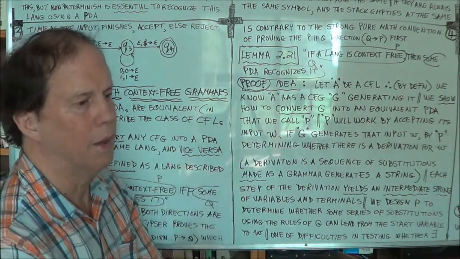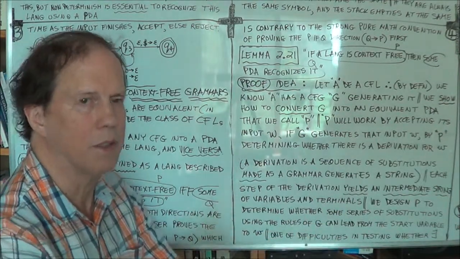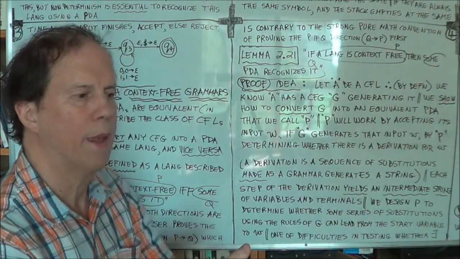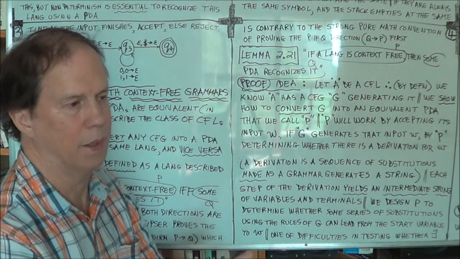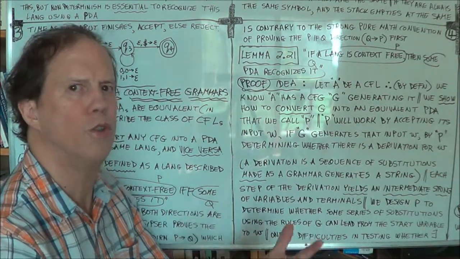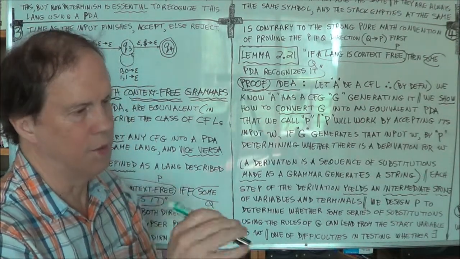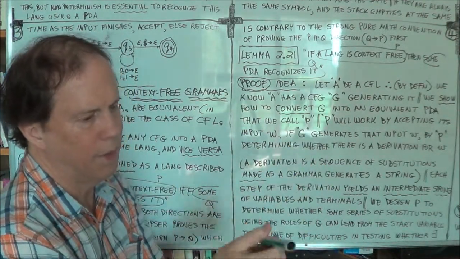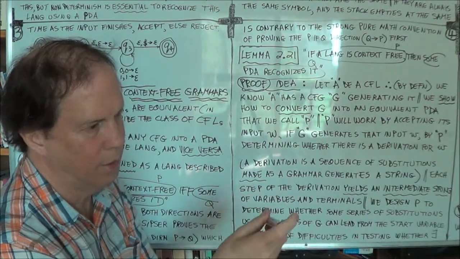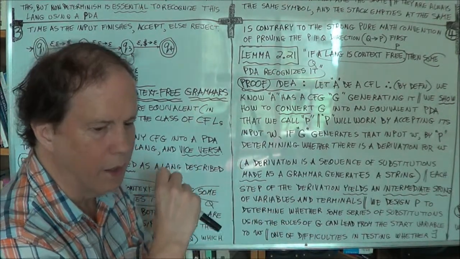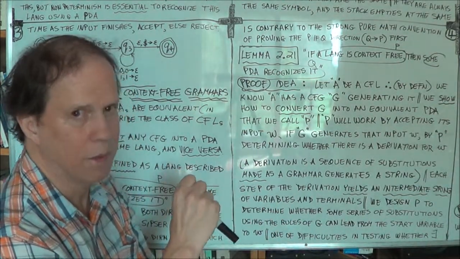Okay, and that will yield, that's the technical term, a new intermediate string, and then you look for another variable in the new intermediate string and substitute again using a rule, and so on. So each step, you're yielding a new intermediate string.